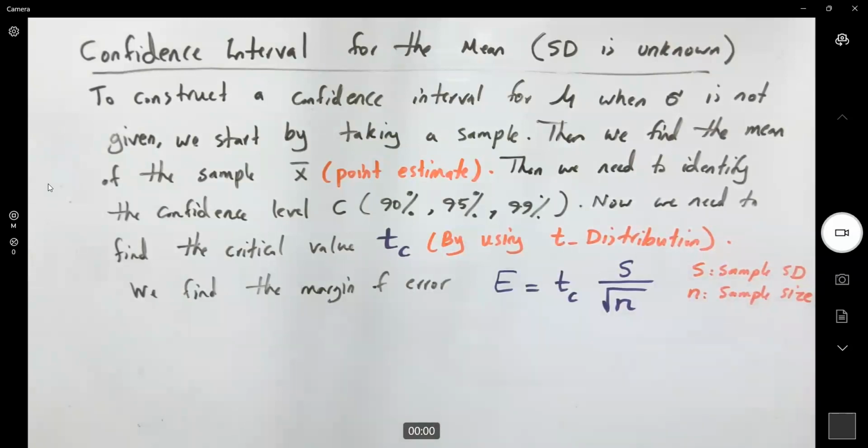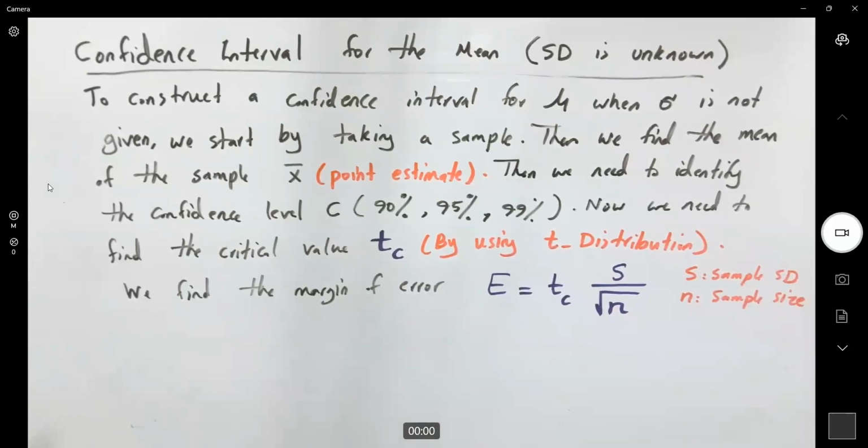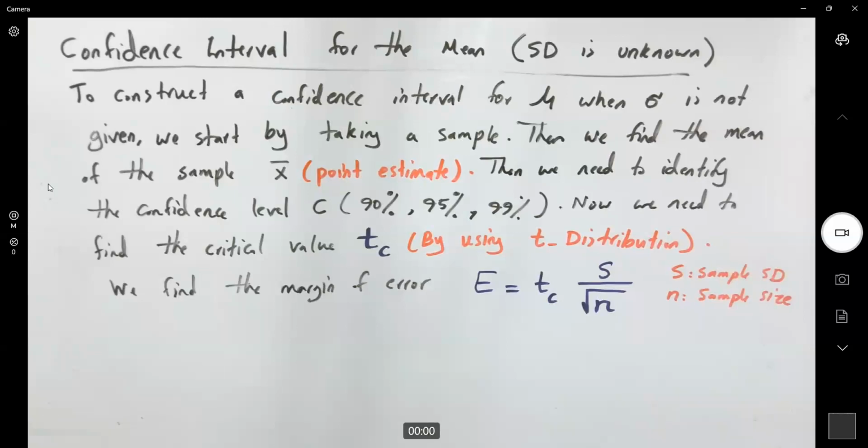Very well. After finding all of the information that we need, we can move on and construct the confidence interval.